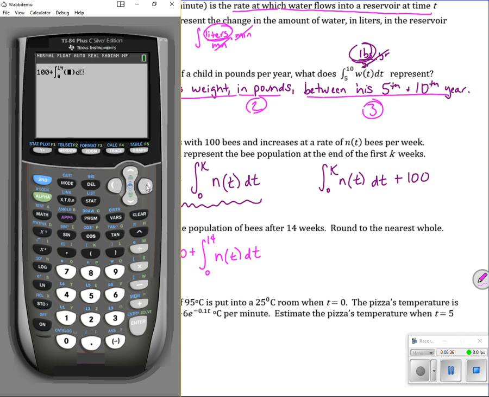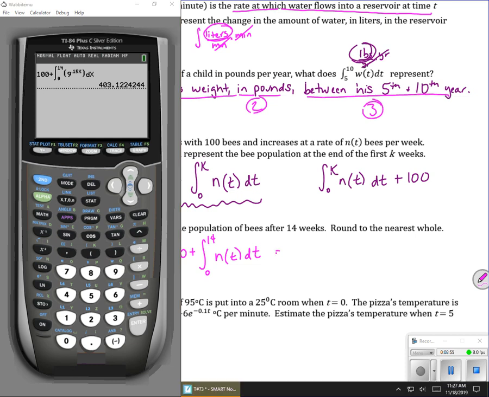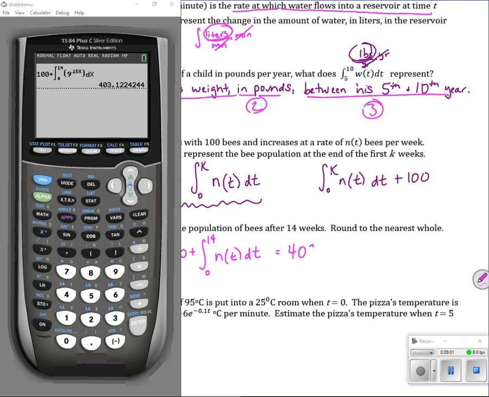My equation is 9 to the power of point, watch those decimals, it's real easy to mess those up. So there's my function, my integral. I hit enter, and then I read the question carefully. It said round to the nearest whole, and so I would get 403 bees.